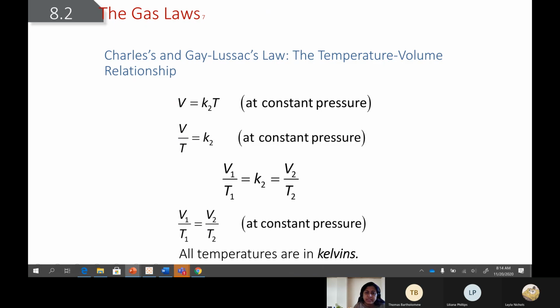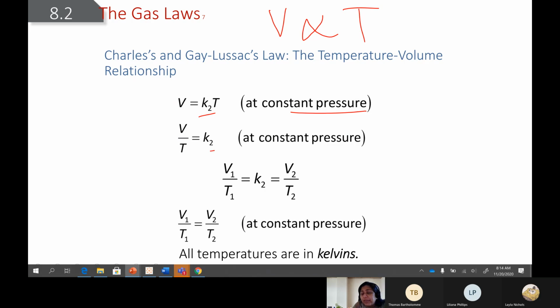So we can say V is directly proportional to the temperature. Now we'll add a constant, and at constant pressure we can just take it as K subscript 2. So V equals K2 multiplied by the temperature. If I rearrange this equation, V divided by T equals K2.